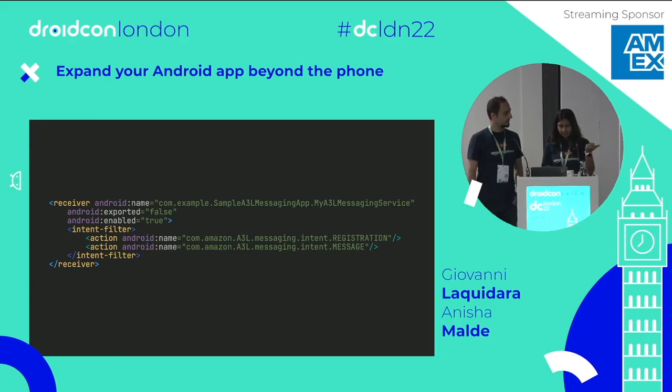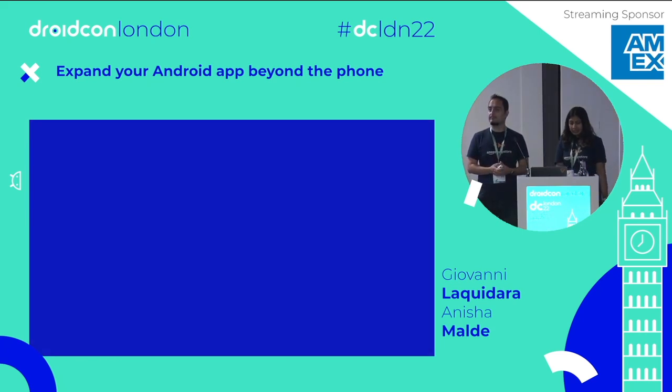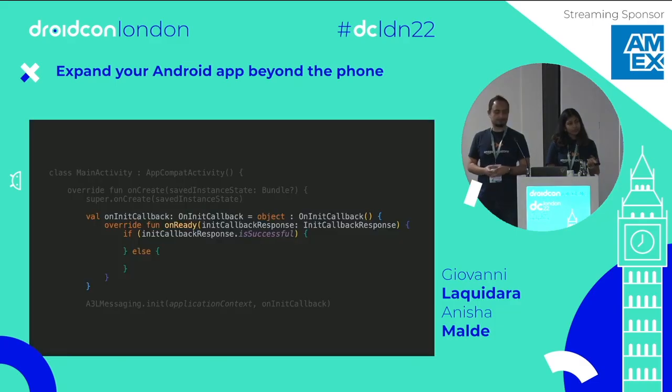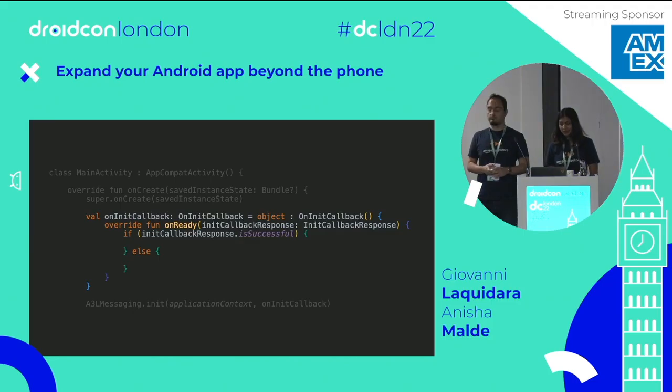This is an example, and MyA3LMessagingService is just a placeholder, so you can use your own class implementation if needed. Finally, in the onCreate method, you initialize the A3L messaging, and in the onReady, you can retrieve the device ID we saw earlier. This is important for testing, because you need a device ID where you installed your app.